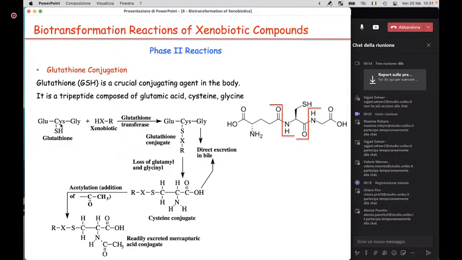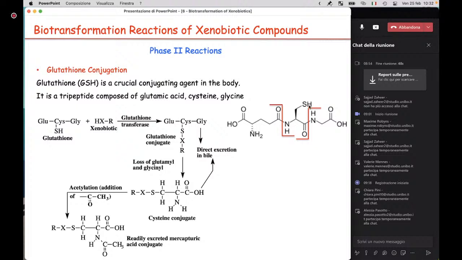The important thing is that glutathione is very easily attached to a lot of different molecules, and it is, of course, relatively hydrophilic, because this part of the molecule contains an amino group, which is hydrophilic, a carboxylic group, hydrophilic, and another carboxylic group here, again, hydrophilic.